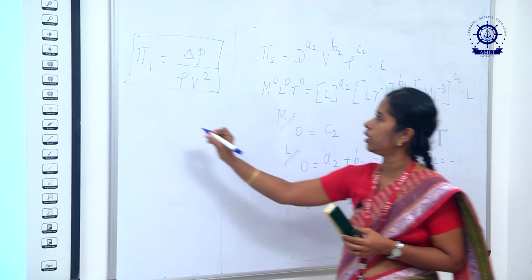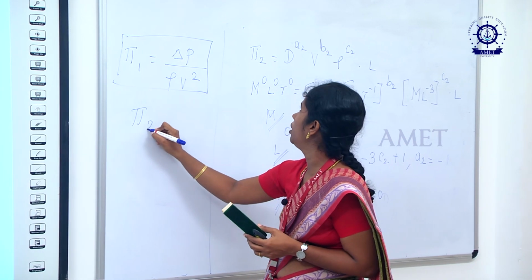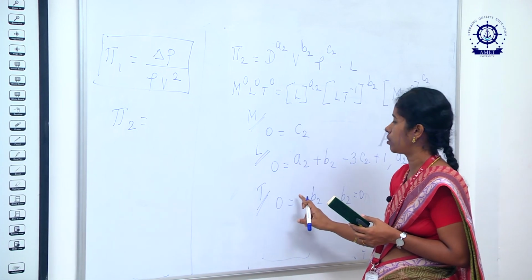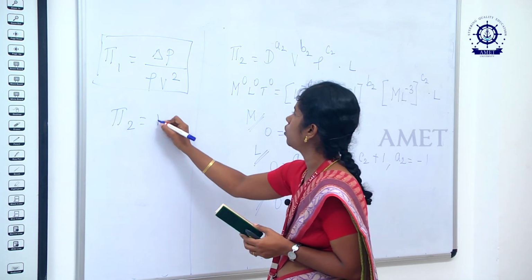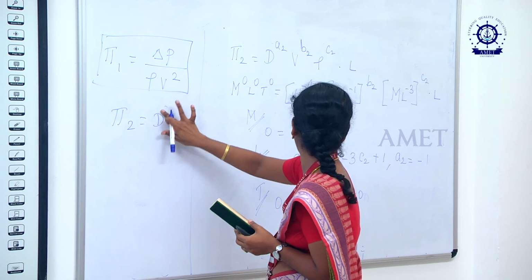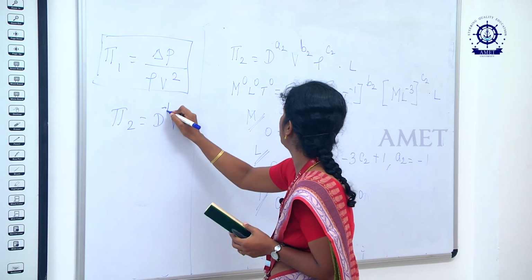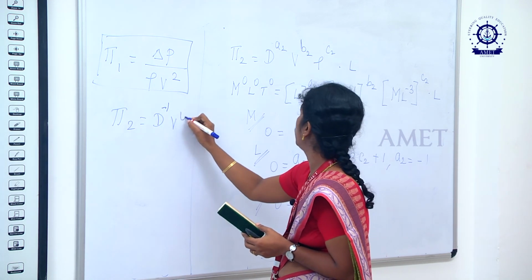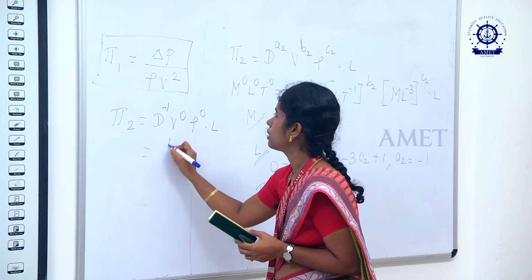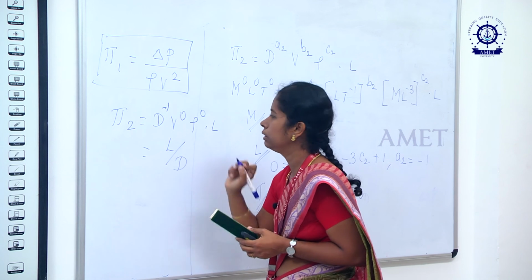So you can say the pi 2 term will be equal to, take those values and substitute back in the expression: d power minus 1, v power 0, rho power 0 into L, or I can say it is L divided by d.